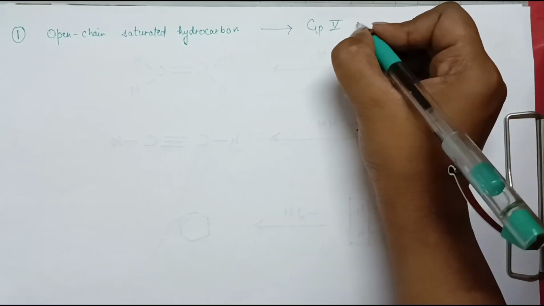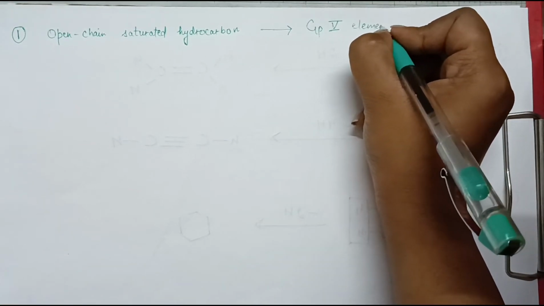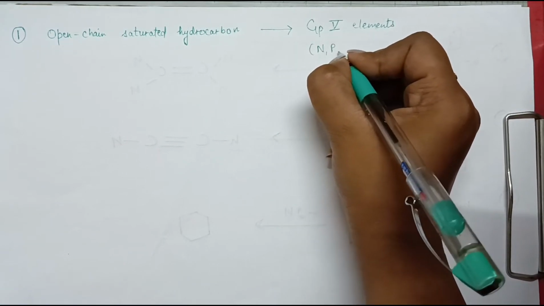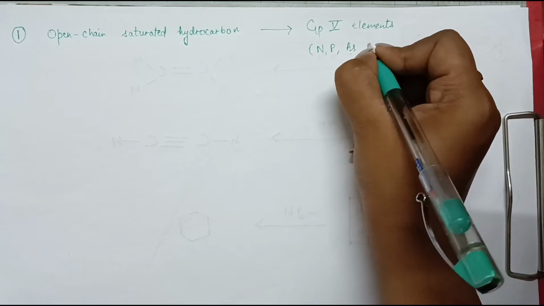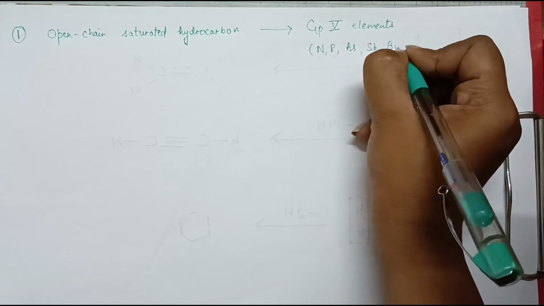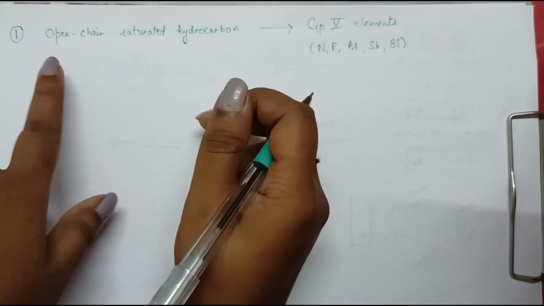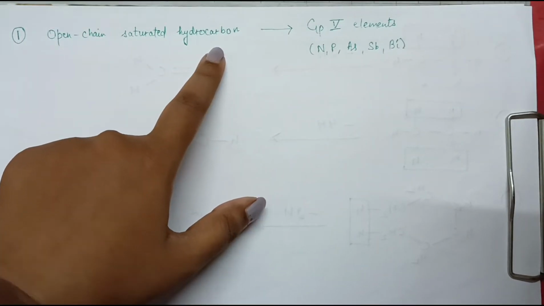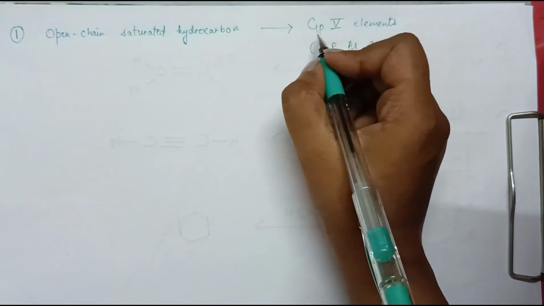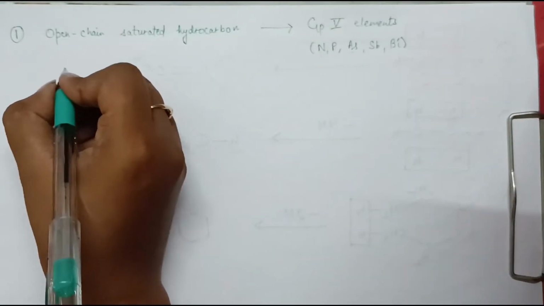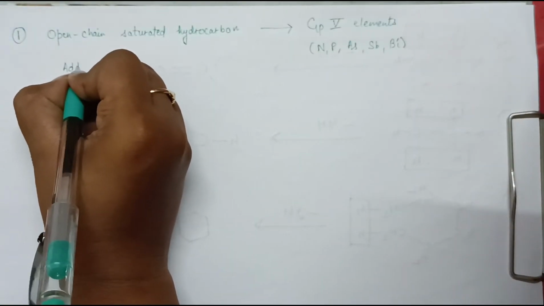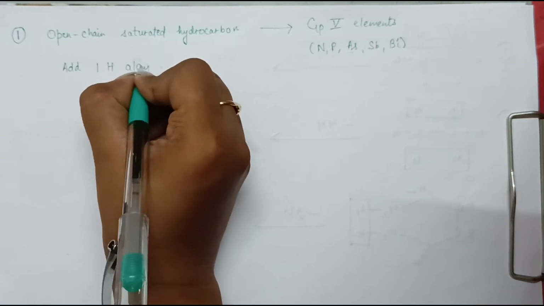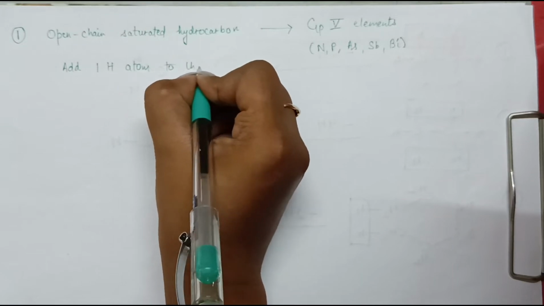So group 5 elements are what? Nitrogen, phosphorus, arsenic, antimony, bismuth. These are group 5 elements. So suppose we have an open chain saturated hydrocarbon and now we want to change it to a formula having a group 5 element. In that case, add one hydrogen atom to the molecular formula.